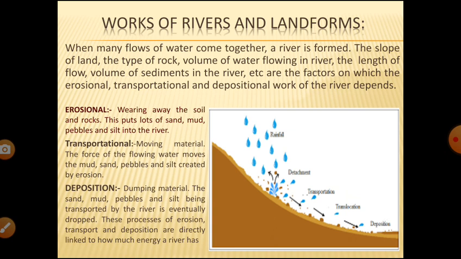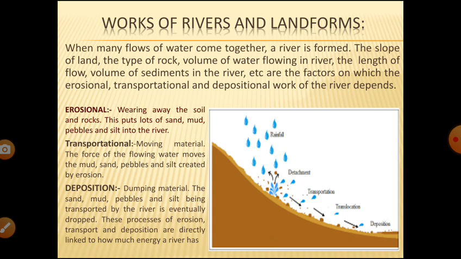Running water flows naturally in the direction according to gravity along the slope and makes its own way. This is called a flow of water. When many flows of water come together, a river is formed.